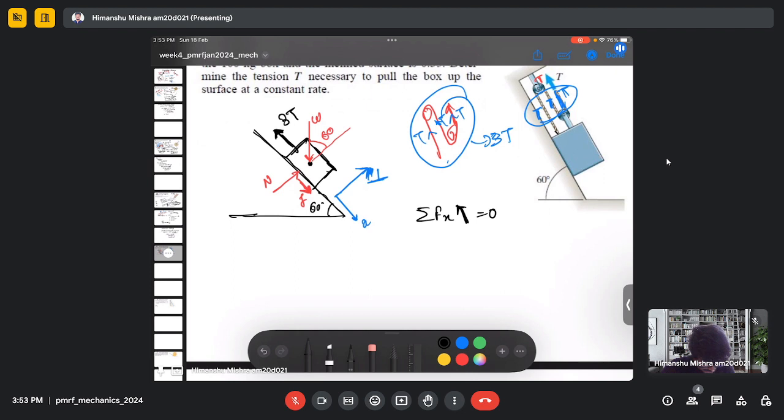So in the horizontal direction, it will be from minus 3T. And the component of the weight, which is W sine theta.